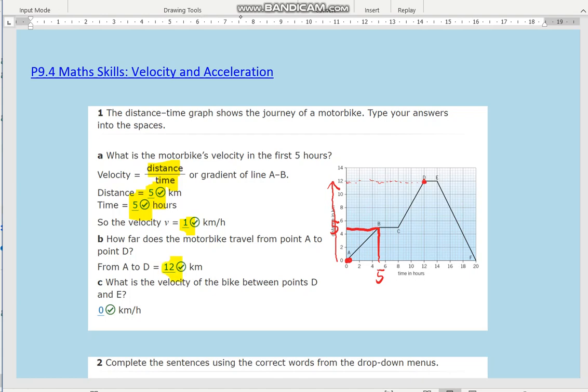What is the velocity of the bike between points D and E? So here is point D, here is point E. It stayed constant at that distance of 12 kilometres, meaning therefore that its velocity is 0. If its distance has not changed as time goes on, then it is staying at 0 kilometres per hour.